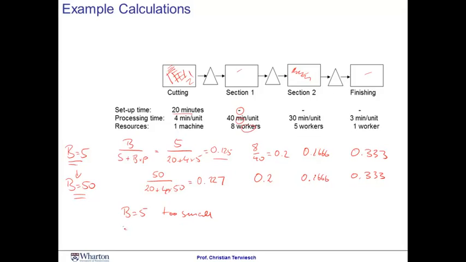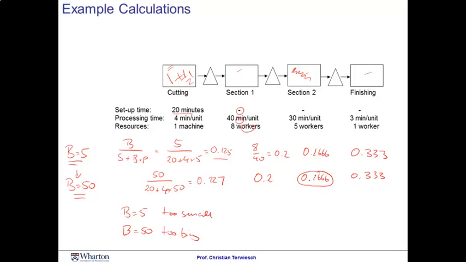However, for B equals 50, the batch size seems to be too big. Why is it too big? Well, we are increasing the capacity at the cutting machine, but it's really of no value. We are ultimately constrained by section 2, and so what's the point of operating in higher batches, hence higher inventory, at the cutting machine, only to notice that the constraint is then at section 2.